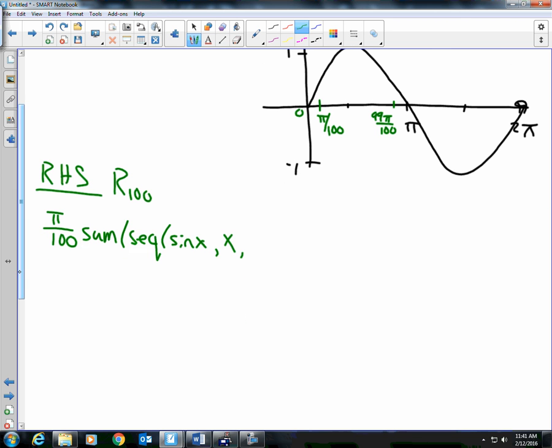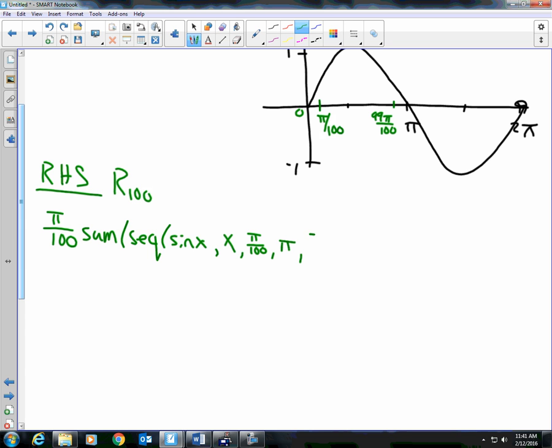Okay? So I have sine of x, my first spot is pi over 100. If I'm doing the right side, what's the last spot I do the height? The right side of this interval is pi. And what is the increase of each interval?